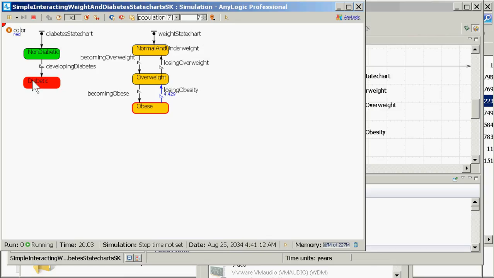Now they're obese, and so they're changing. They have weight status and they have diabetes, and those are each evolving independently. In a stock and flow model, this would be quite messy to capture because we need to consider all combinations. Here we just need to consider each of them in a fairly modular way.